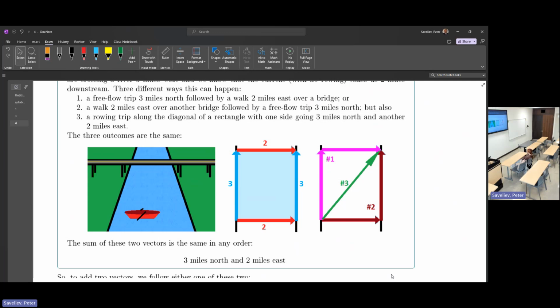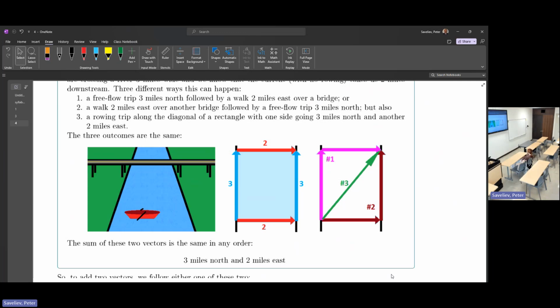Maybe you are in a boat. The blue one is you in a boat without rowing. Then you go with the flow for 3 miles. And then you cross, because for whatever reason maybe the current stops, or you just decide to cross on the bridge, doesn't matter. Then you cross the canal at the same speed as you were rowing.